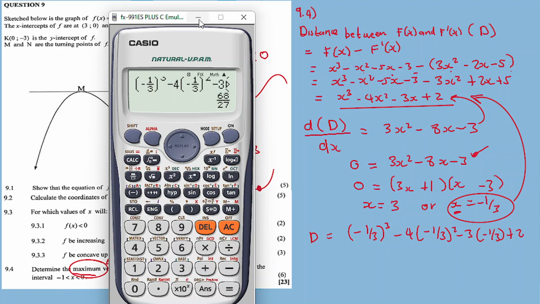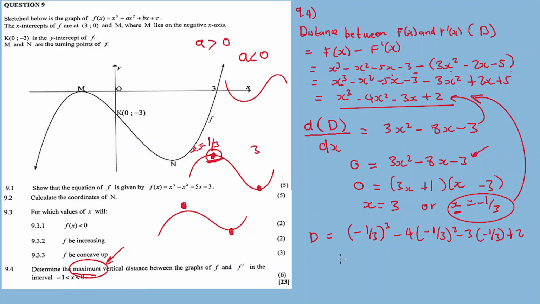This is equal to 68 over 27. So the maximum distance is 68 over 27. This is the final answer. This is the maximum vertical distance between f and f prime.